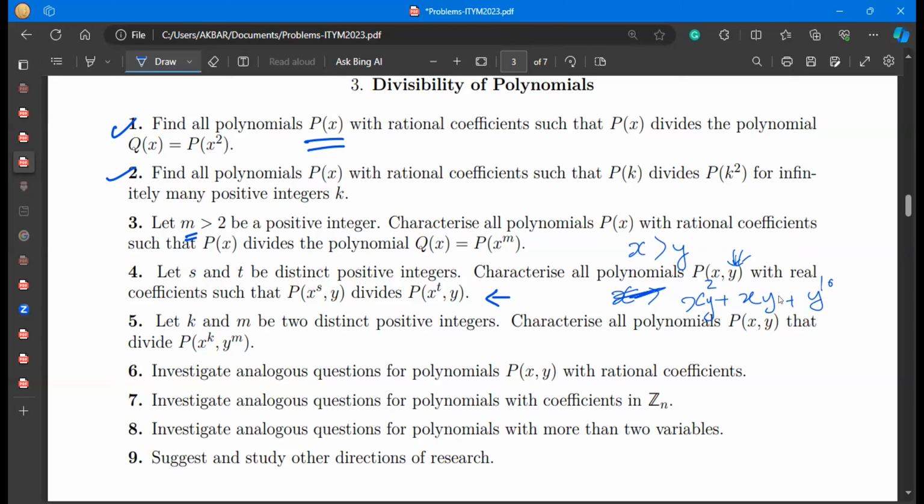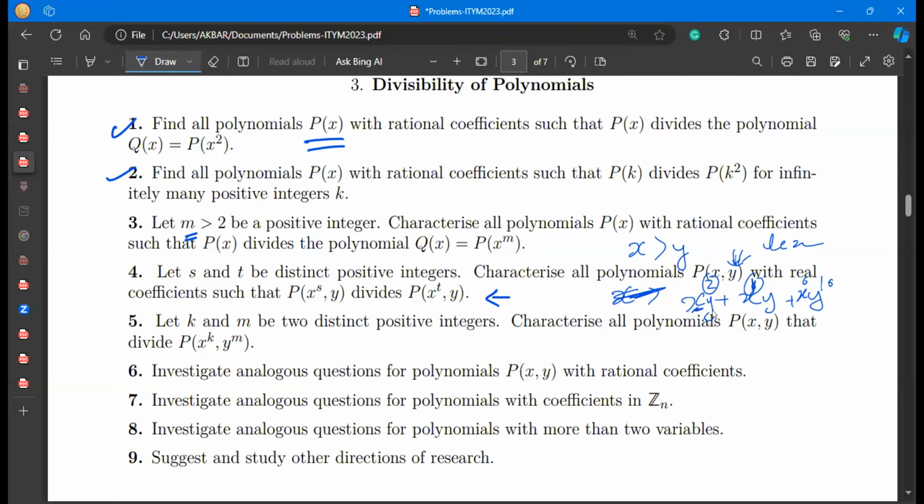This is called the lexicographic ordering, the same order that words in a dictionary follow. So x squared should come before xy. This is degree 2, degree 1, and here is degree 0.